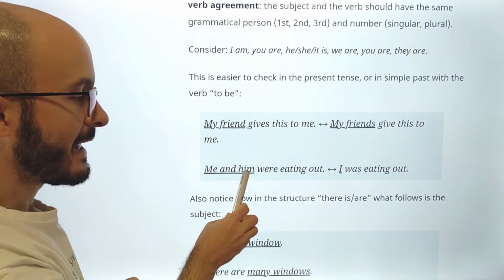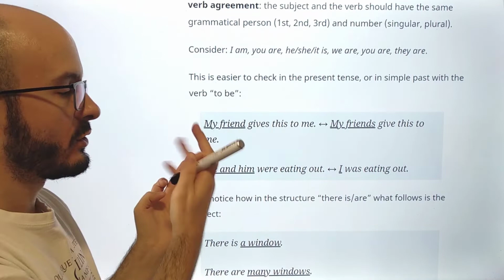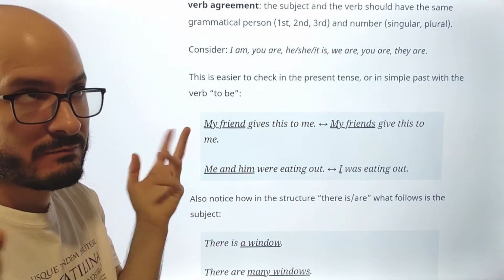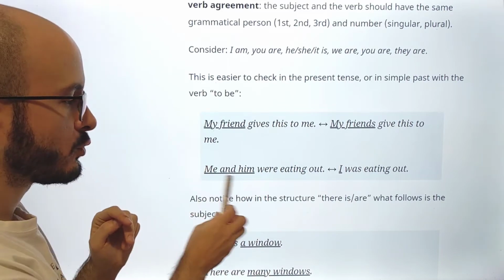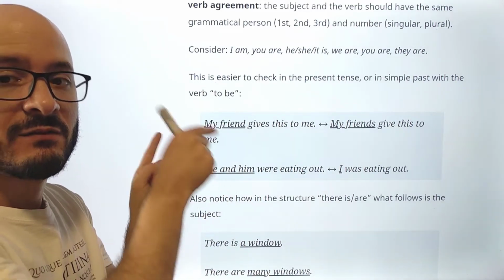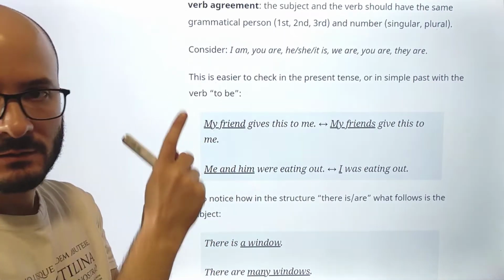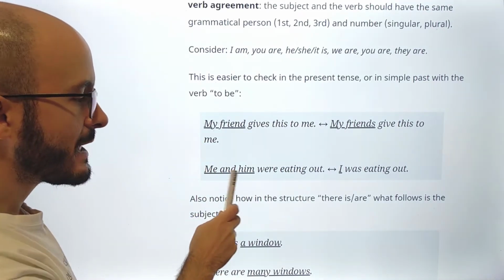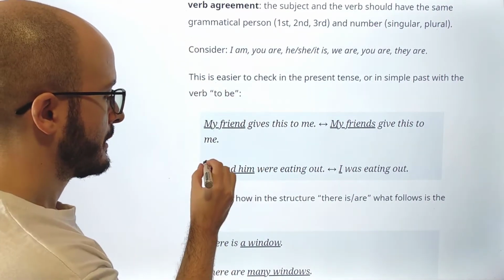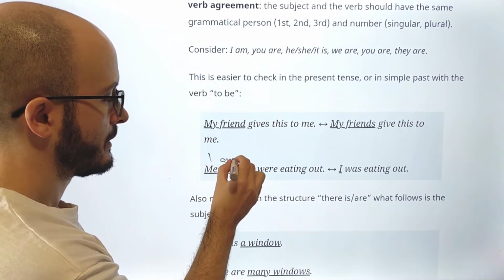Now, me and him, we said before, right? This is not the subject, or this shouldn't be the subject because we are using object pronouns. However, it is the subject, even if we are using object pronouns. So me and him, to be more correct, would be I and he.